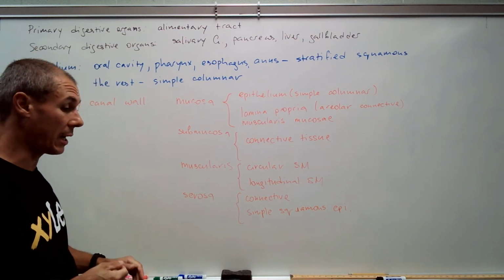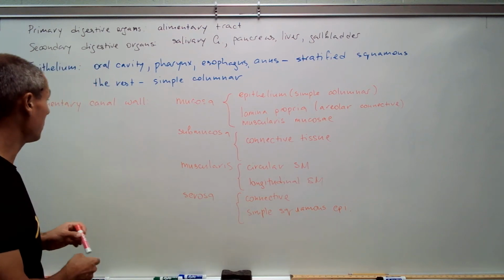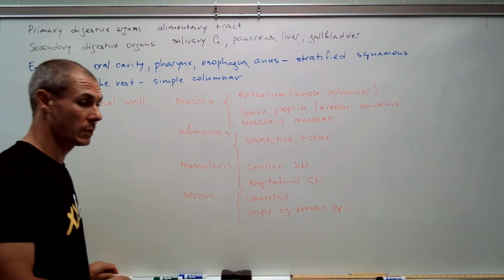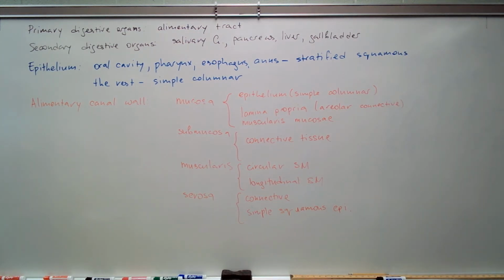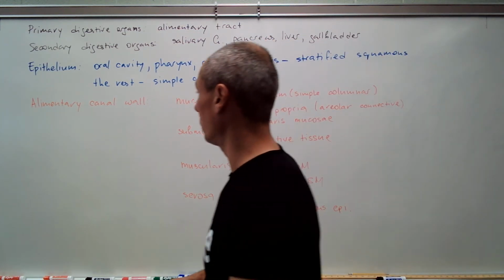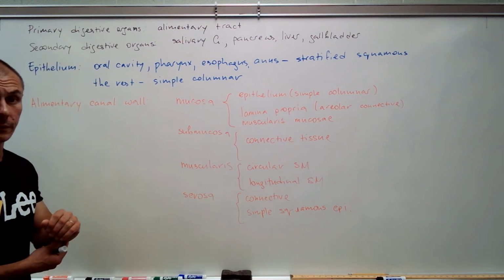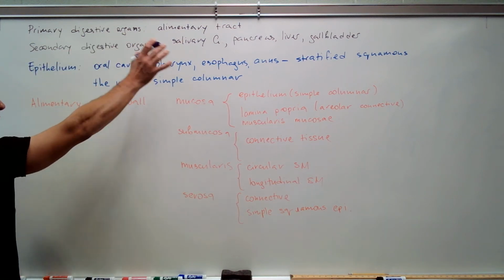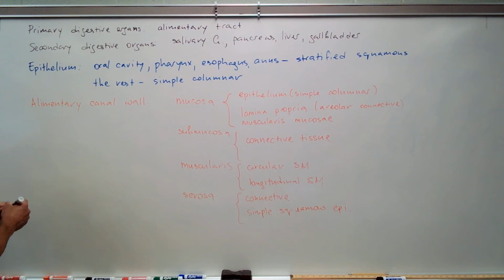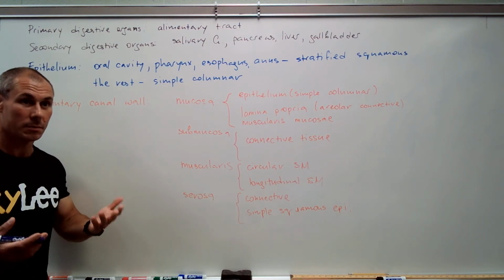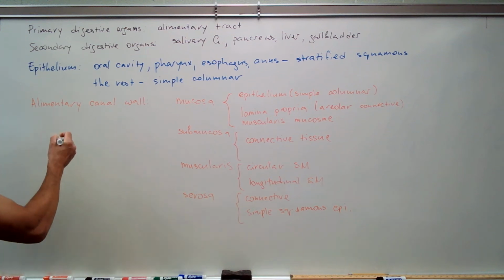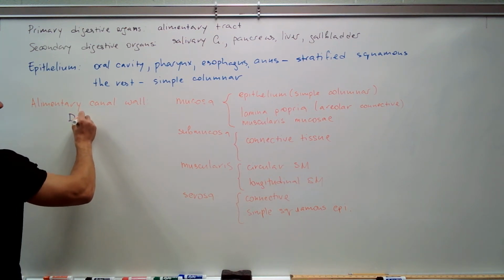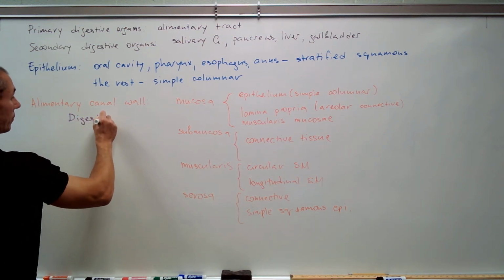So what about the activities that your digestive system can generate? All classifications are artificial. So the main activity is, one way or another, we need to break down food, right? So digestion, okay?